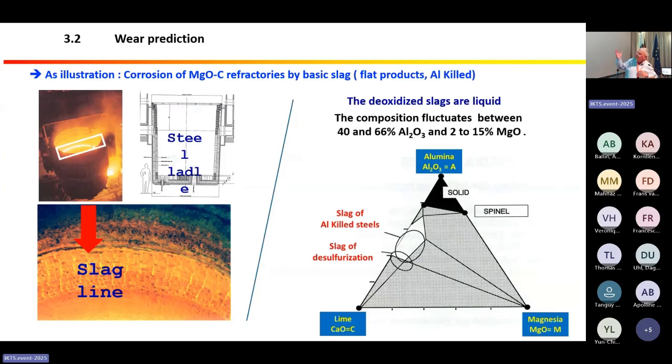We have here a steel ladle, and we observe here the slag line, which is in contact with different liquid slags, and we have a really strong composition fluctuation, between 20 to 56% of alumina and magnesia in this slag. In metallurgy, in steelmaking, the composition of these slags is not really well controlled.